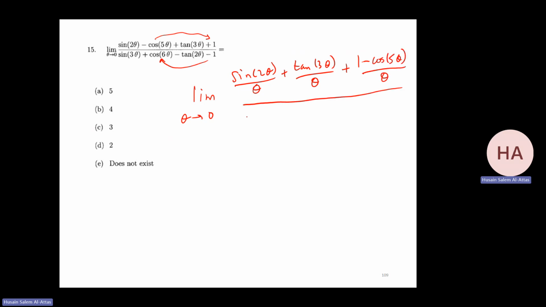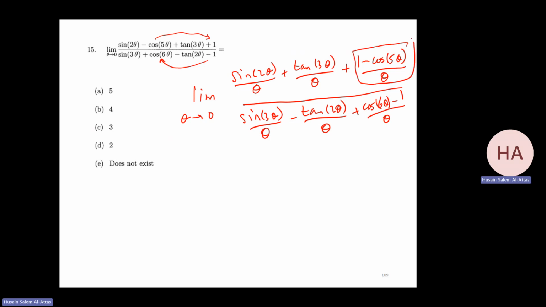All of this over sine 3 theta over theta minus tan 2 theta over theta plus cosine 6 theta minus 1 over theta.